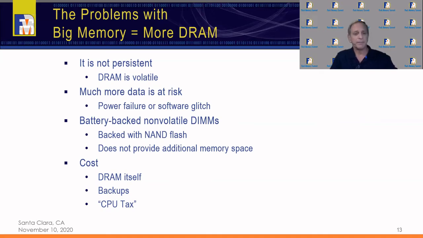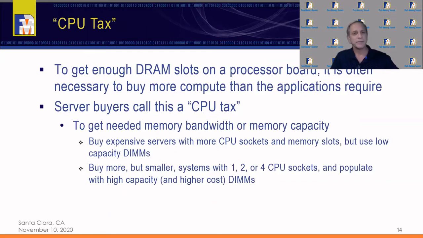Another issue is this, the CPU tax. In order to get enough DRAM slots on a processor board, it's often necessary to buy more compute than the applications require. Server buyers call this a CPU tax. To get needed memory bandwidth or memory capacity, there's two approaches that are typically used.